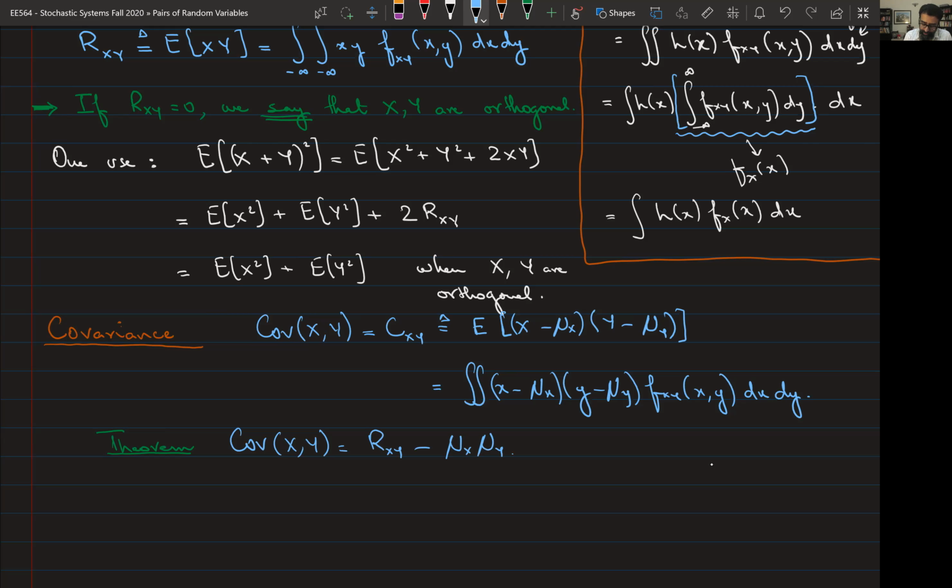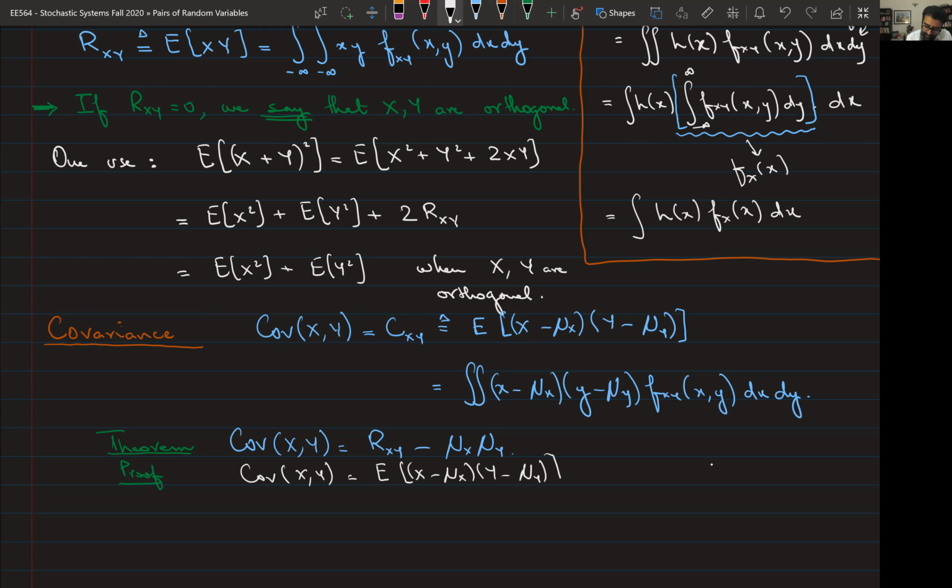Okay. How would you prove this? Isha? Sir, applying the properties of expectation, it would come out to be the expectation of x minus mu x times y minus mu y.